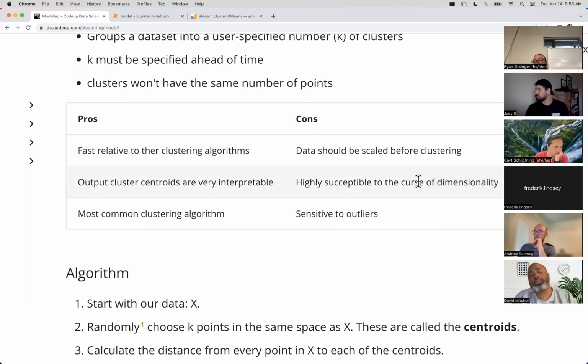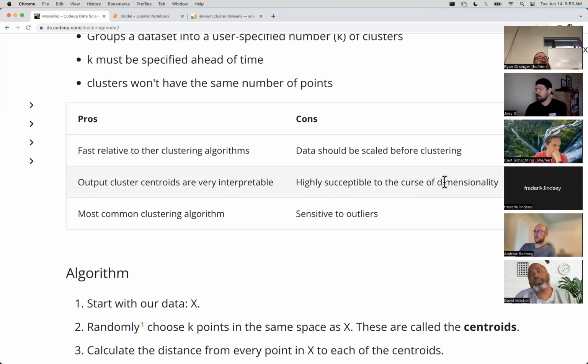Yeah, this isn't unique. But this is a twofer. Our curse does 2 things. It costs more to compute, but then the meaning of each new column that we add starts to decrease in its explanatory ability.